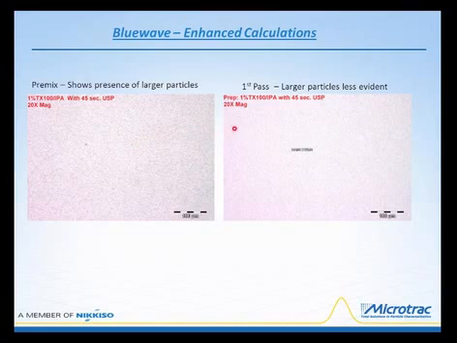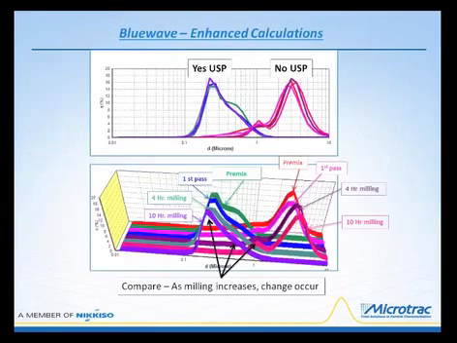But even during the first pass, taking this material and trying to make it smaller, the first pass through a mill, you can see that the particles have now started to get smaller. The length has started to decrease, and so this is starting to show the information that the customer was searching for. They were not able to achieve good particle size measurements with the procedures they were using.